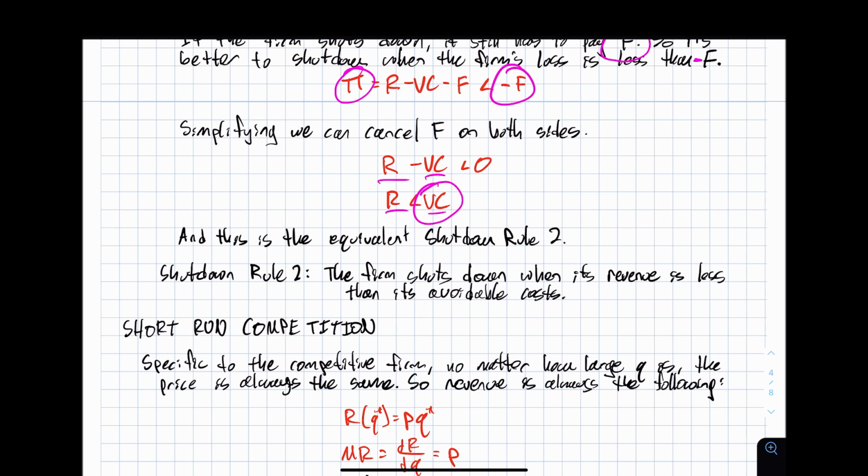Okay. So those are our 3 conditions, our 3-step process for profit maximizing for the firm.